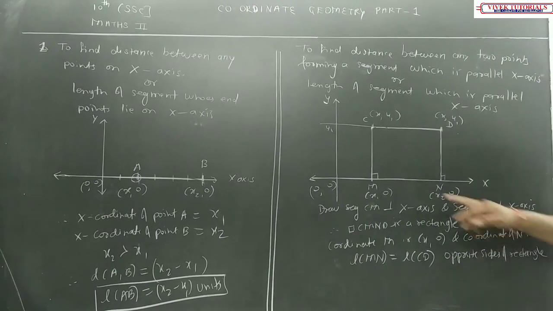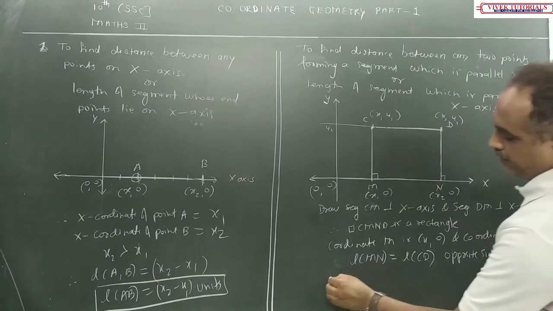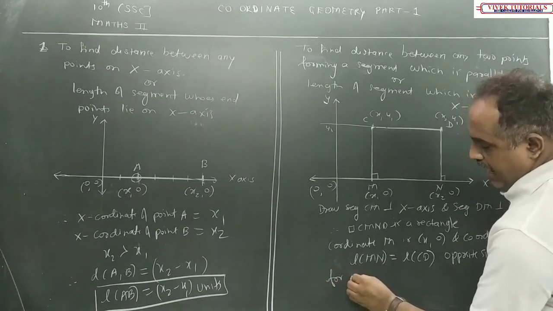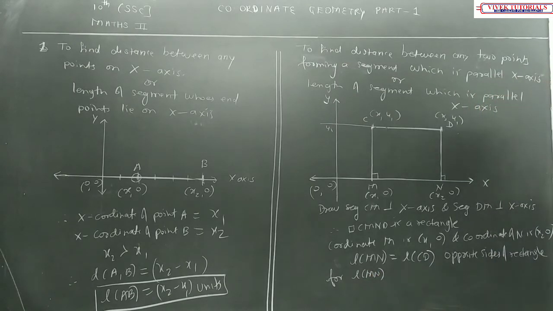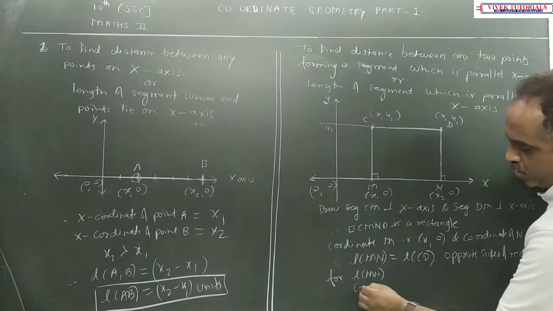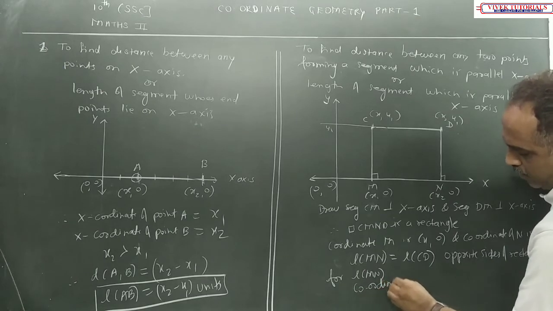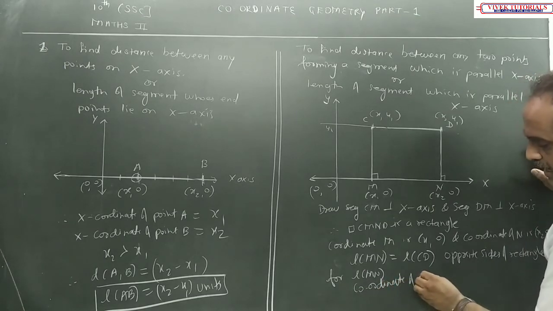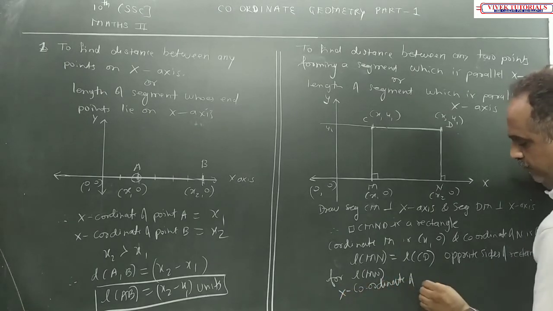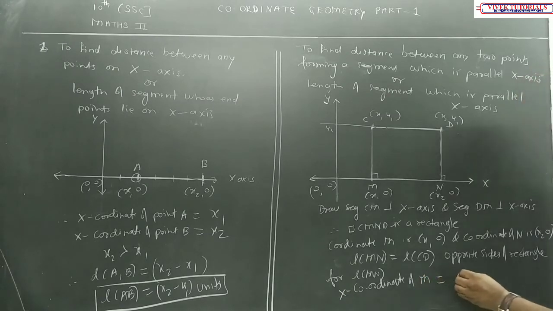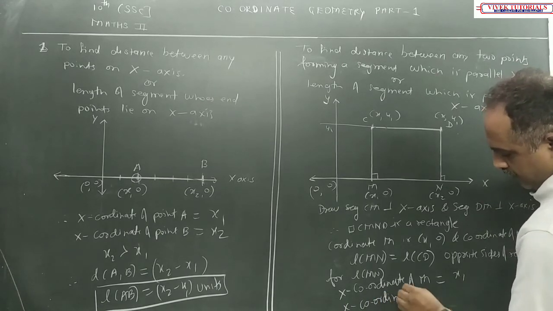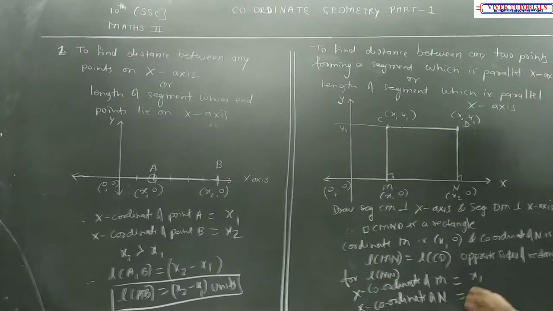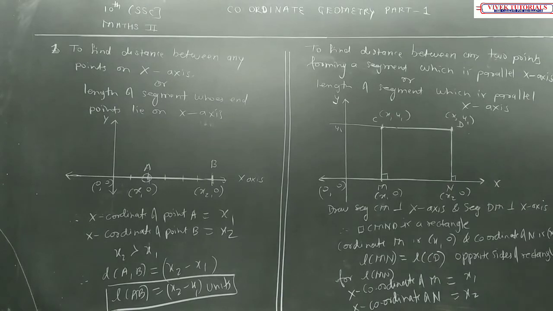Now we'll talk about MN. For length MN, what is the coordinate on the x-axis? The x coordinate of M is x1, the x coordinate of N is x2.